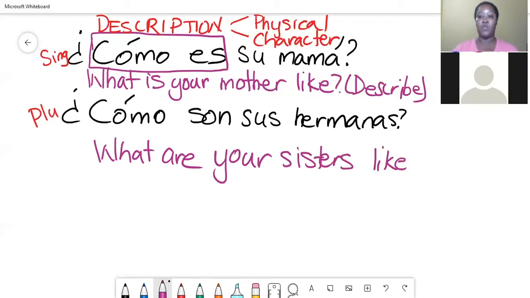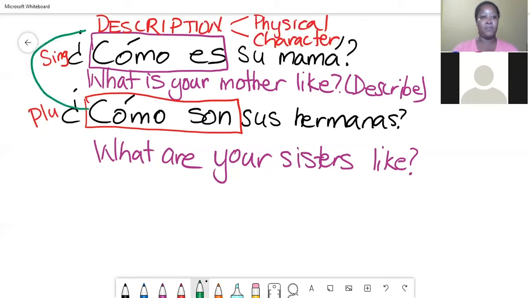Again, it is asking you to describe, and ¿Cómo son, which is simply the plural counterpart for ¿Cómo es, speaks to the same thing. It's asking for a description, and the description can be physical or as it pertains to character.